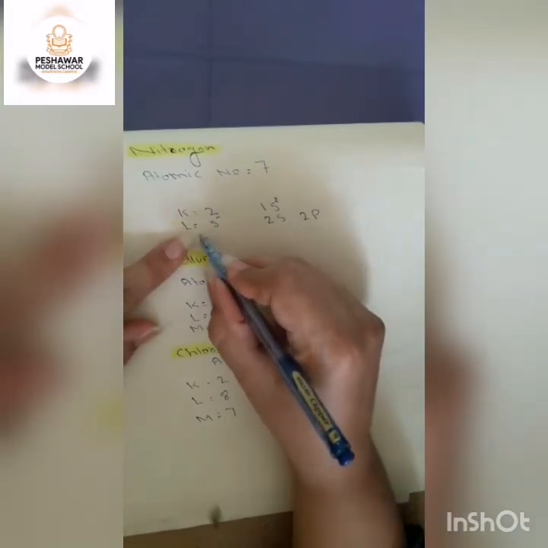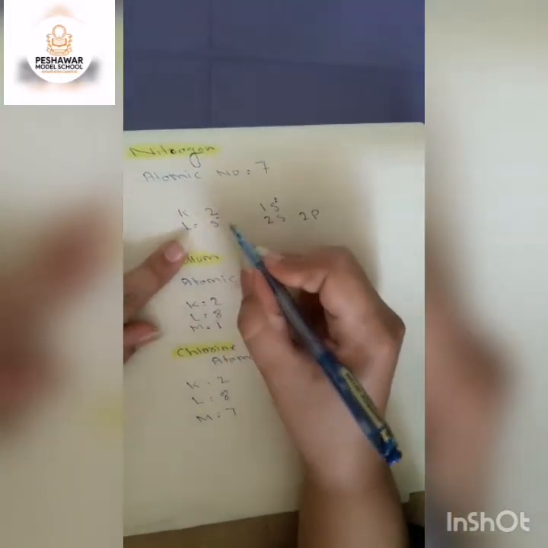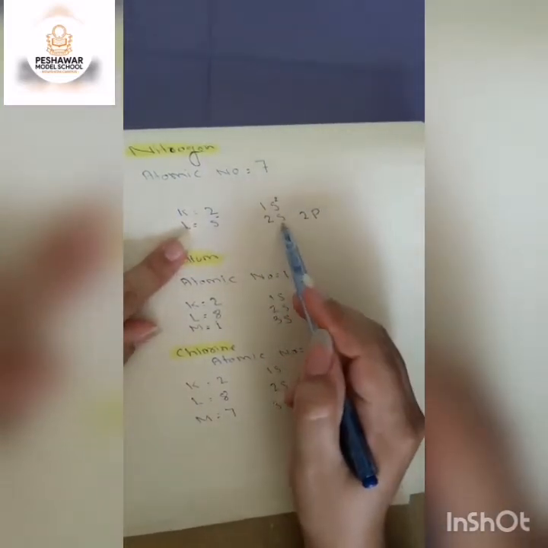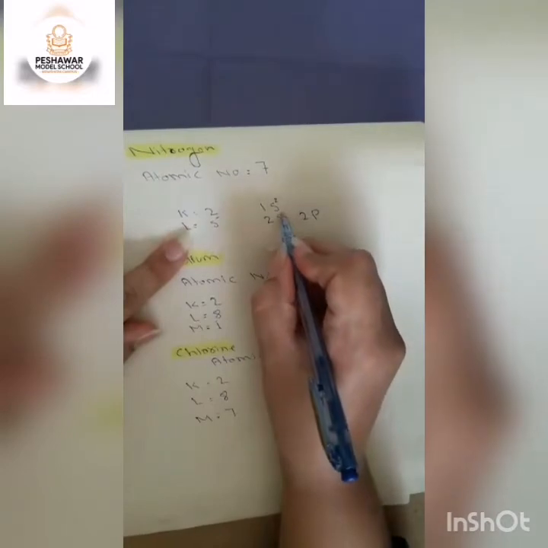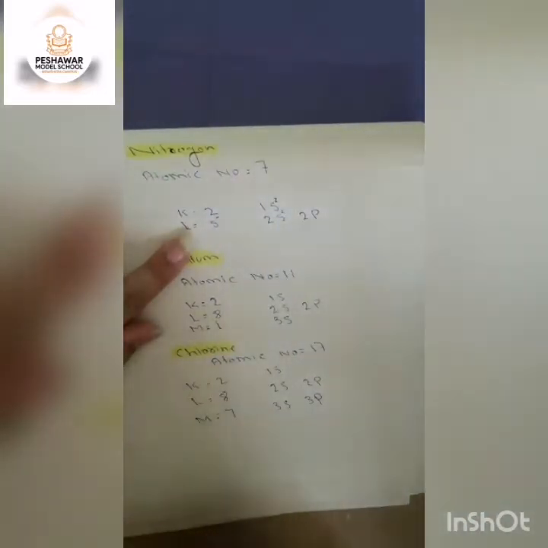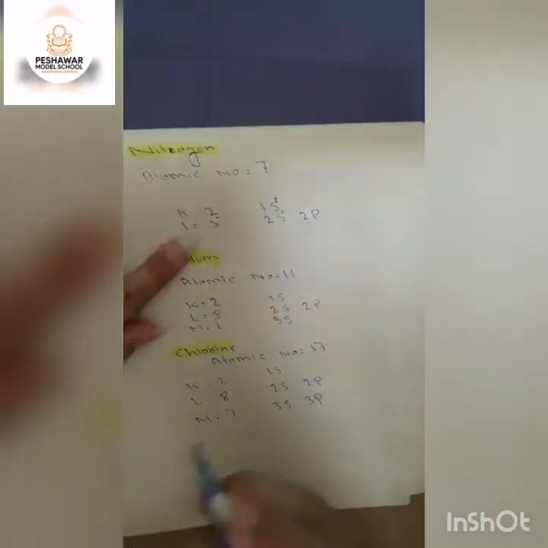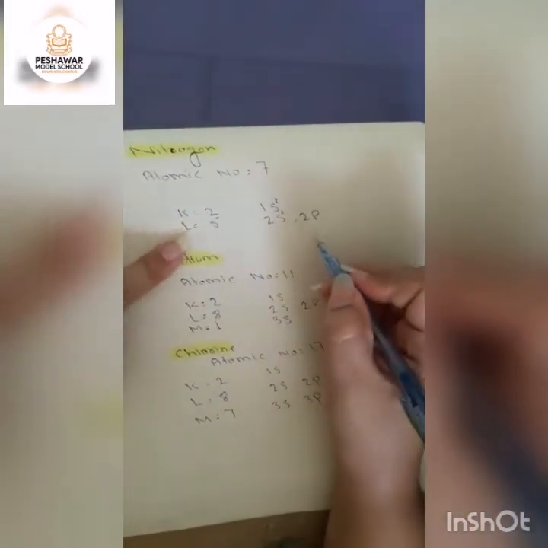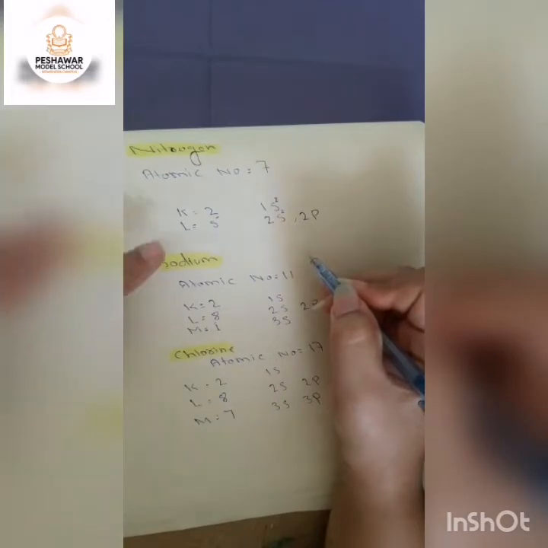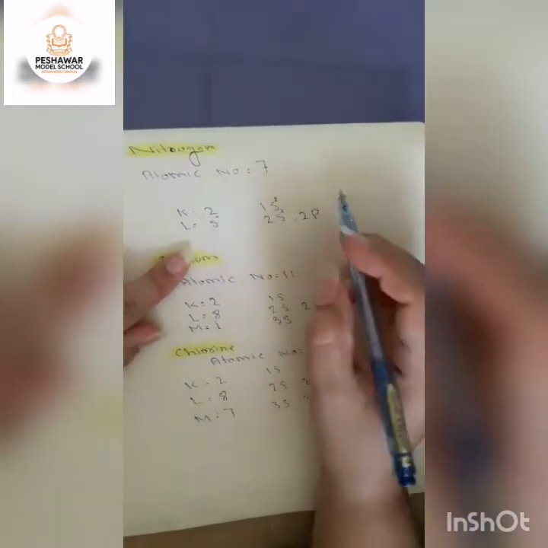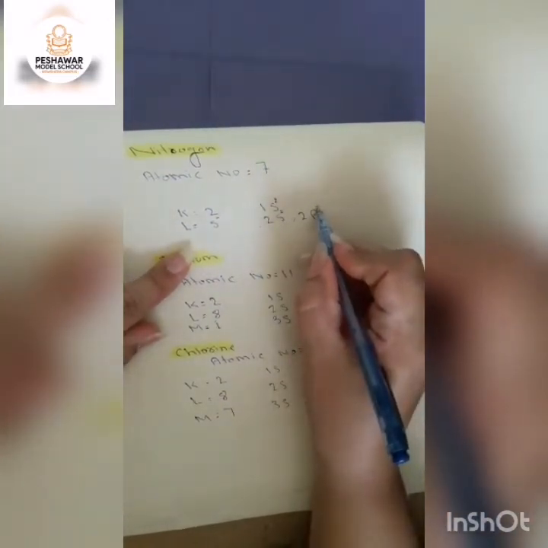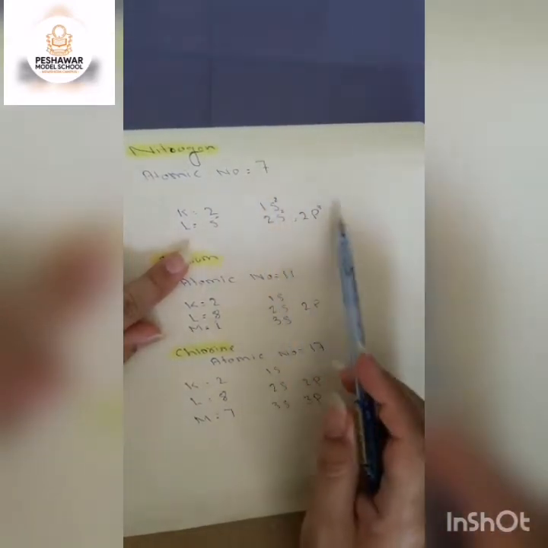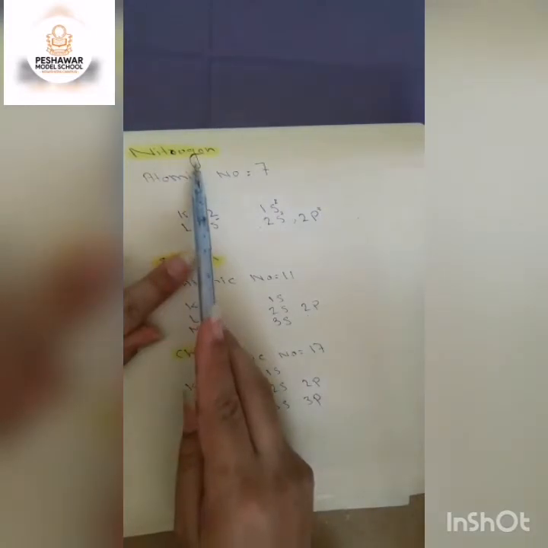These 5 electrons will fill in the second shell, and the second shell has 2 subshells, 2s and 2p. s will occupy a maximum of 2 electrons. Now how many electrons are left? 3 electrons are left. The maximum capacity of p is 6, but here we have only 3 electrons. Then these 3 electrons will move toward the 2p. This is the electronic configuration of nitrogen.